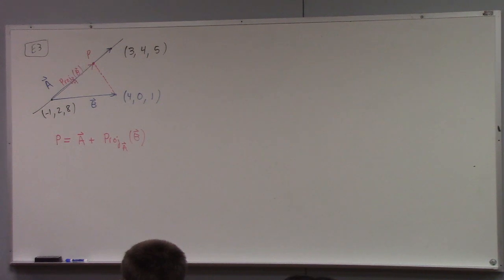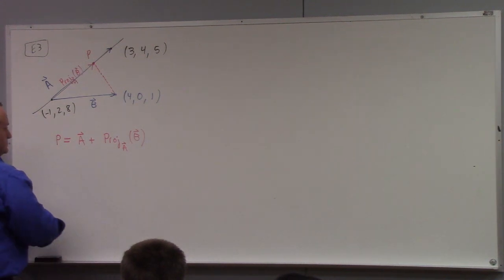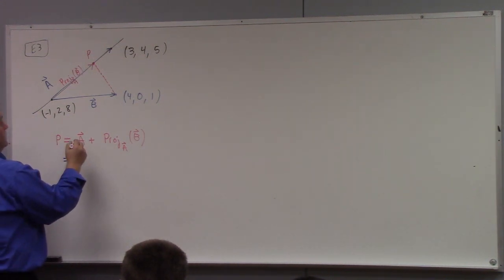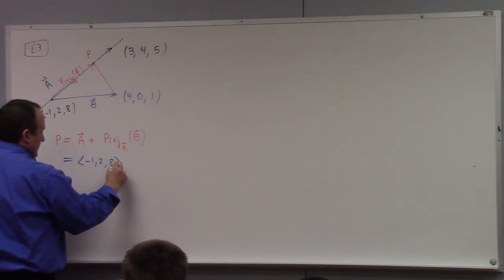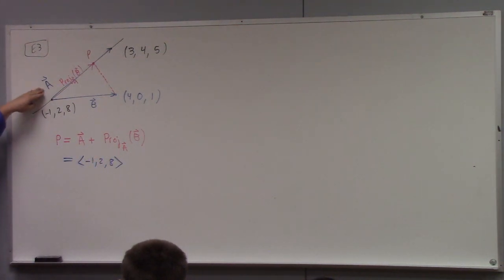So what's A? (-1, 2, 8), right? I'm just identifying A as a vector from the origin, just the point as the vector. If you want, I could add an axis here, like an origin, and draw this all based on an origin, but we don't need to do that. We can think about this picture as I've drawn it.